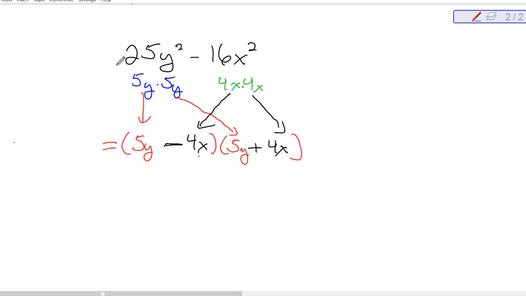So you're literally breaking up the variables so that they're evenly spaced between the two numbers. And notice that these are the exact same number and variable, exact same number and variable. This is if I have the difference of squares.